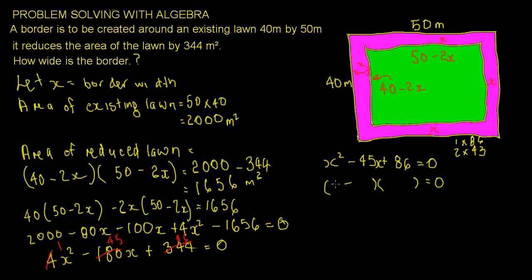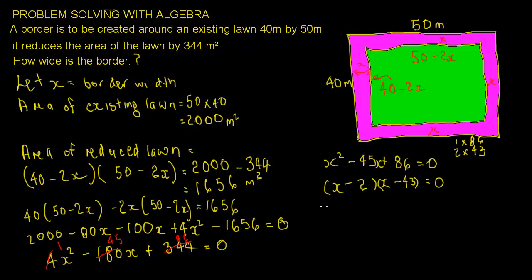So x, x, and they're both negative. What we're looking for is two numbers that when multiplied together are 86 and add to 45. So we've got 2 times 43. So we can put a 2 in there and a 43 in there. And that solves our equation.